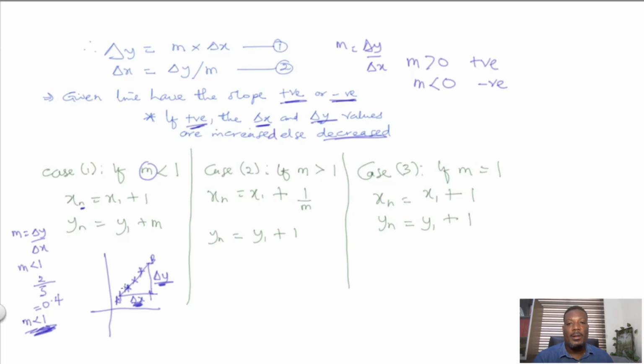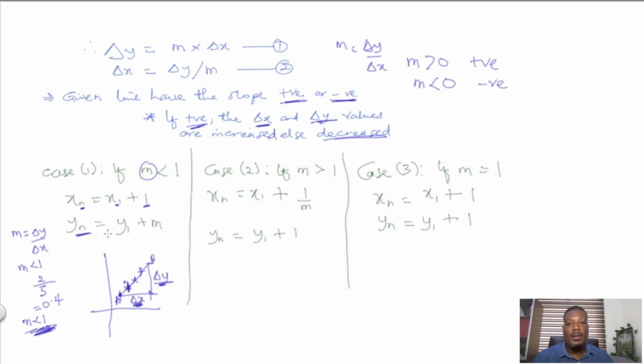So when the slope is less than 1, in the calculation of the intermediate points, xn, which is the new coordinate for x, will be equal to x1 plus 1. To calculate this new point, we will need x1 for this one, and we'll add 1 to it. That will give us the new x coordinate.